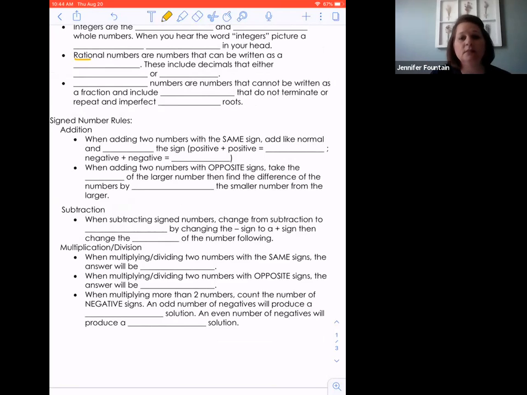Adding opposites, keep the sign of the larger and take the difference. Multiplying and dividing, if I multiply two numbers that have the same sign, I'm going to have a positive solution. Multiply opposites, I'm going to have a negative solution. And I forgot to mention that with subtraction, changing to adding the opposite helps. Okay, so all of that is dealing with signed numbers.